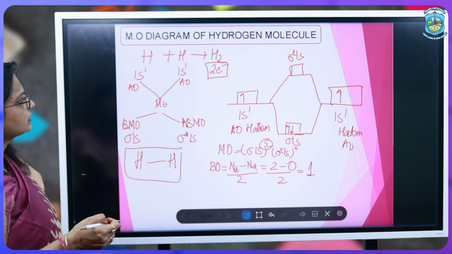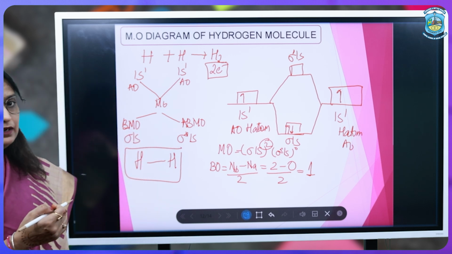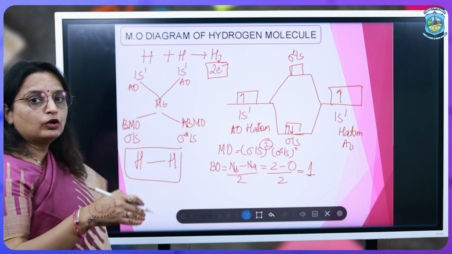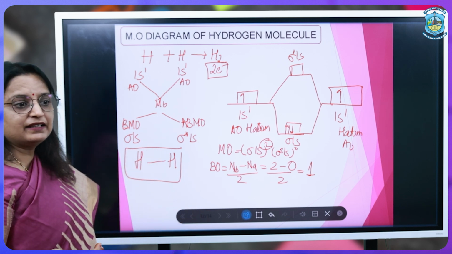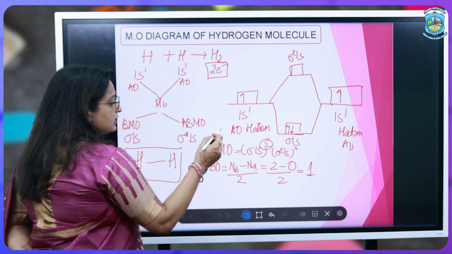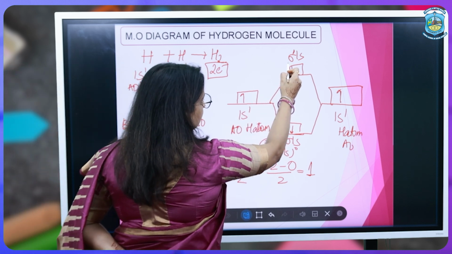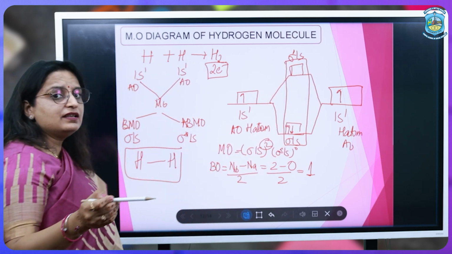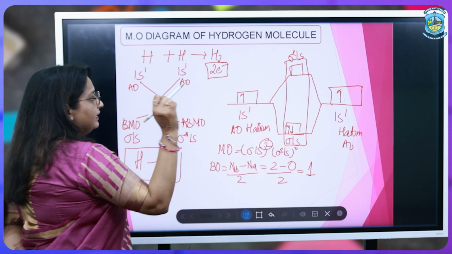Another important thing which can be predicted from the molecular orbital diagram is whether your molecule is diamagnetic or paramagnetic. Just have a look at the electrons in the molecular orbitals.